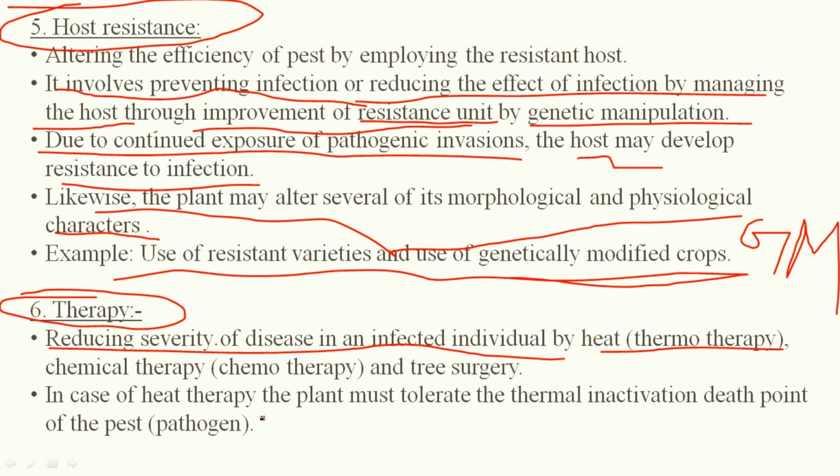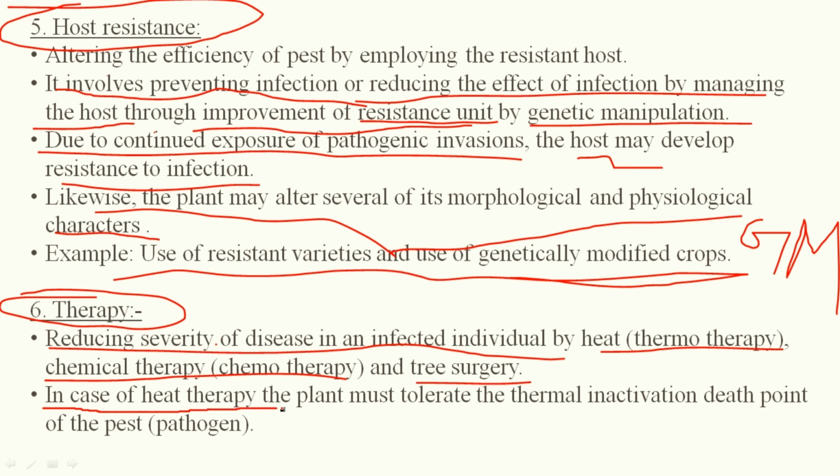By heat, thermotherapy, by chemical, chemotherapy, and by tree surgery we can do this kind of thing. Suppose one individual plant is there and that is affected by the pathogens and the pathogens are multiplying. At that particular time we can undergo this therapy. No other option left. We have to undergo therapy either by thermotherapy, chemotherapy or tree surgery.